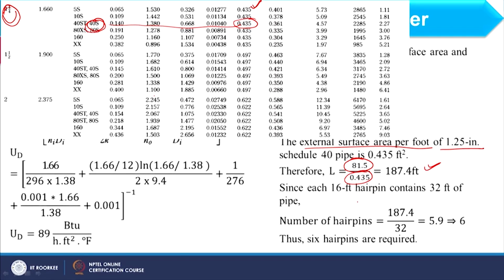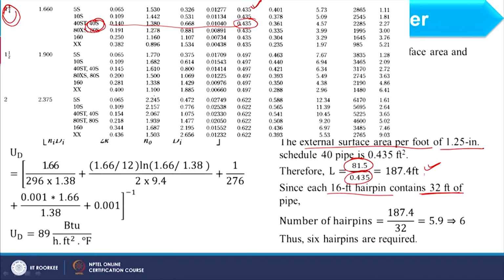Further, if I consider a 16 feet hairpin, the total length of the pipe is 32 feet. If you remember the last lecture, I told you that the hairpin length is 16 feet, but that is given as half of the length.